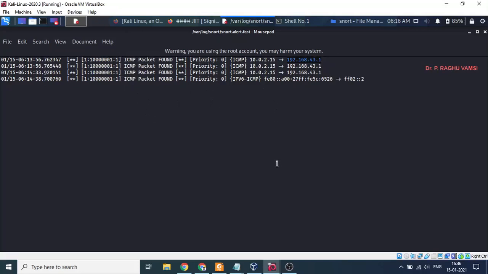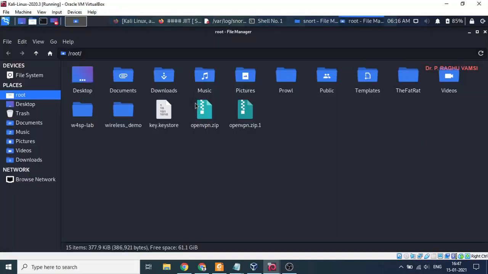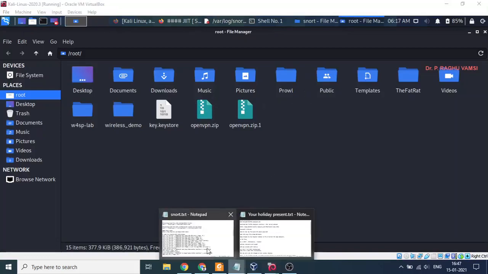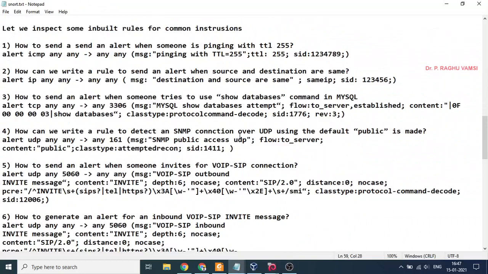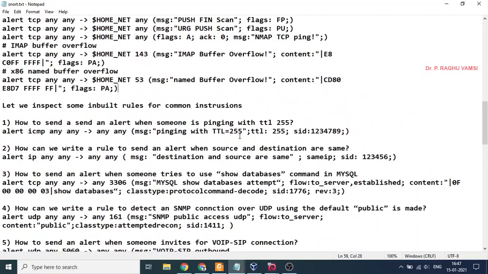If you want to record any other TCP thing or any other HTTP related things, we need to write the rules for that HTTP related thing. Anyhow, we have not given any HTTP related rules. So the HTTP related rules may be written like this. Here some rules were mentioned.